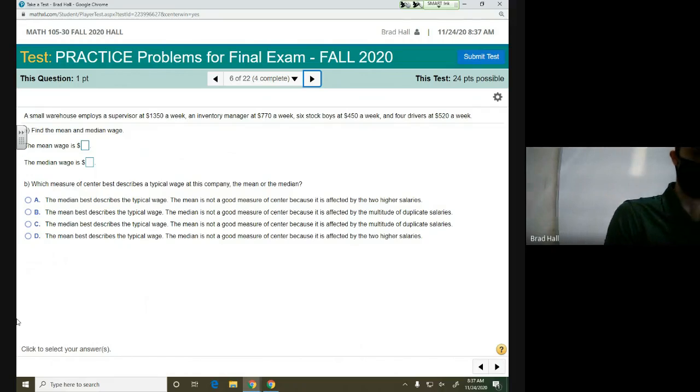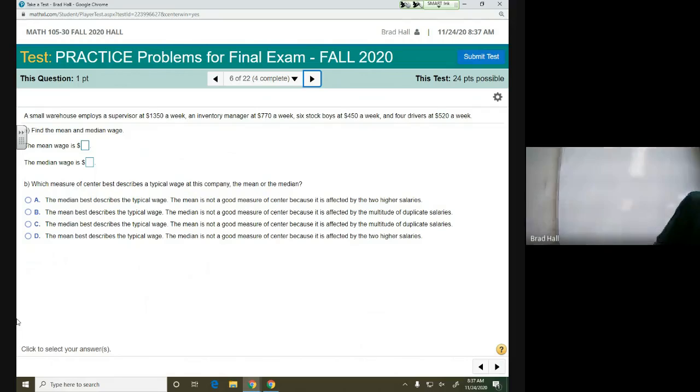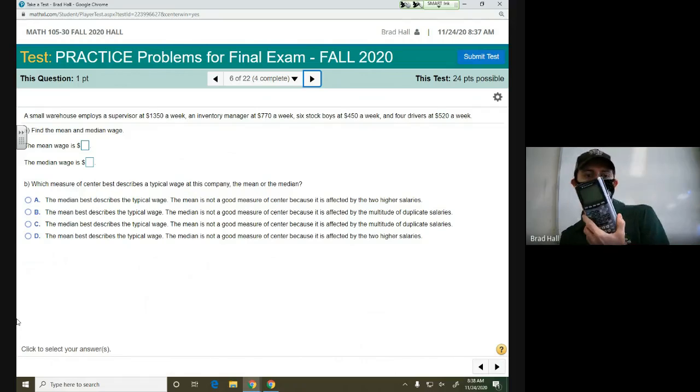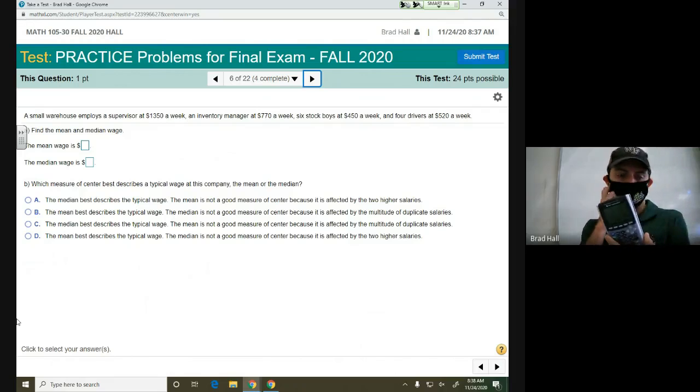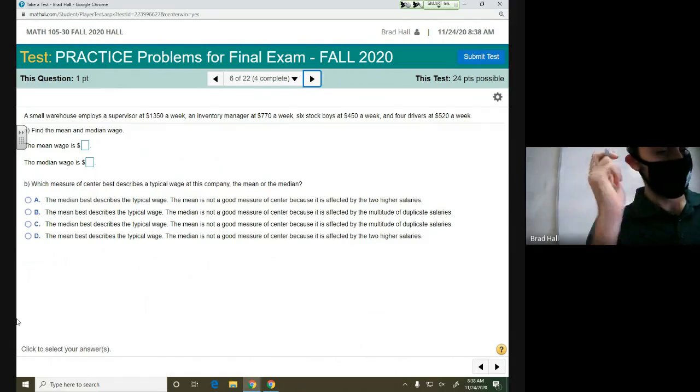With this problem, the reason this one was tricky was when people would find the mean, or you could also just plug this directly into your calculator to figure out the mean and median that way. But when you do it, you need to make sure the values you're listing are complete.